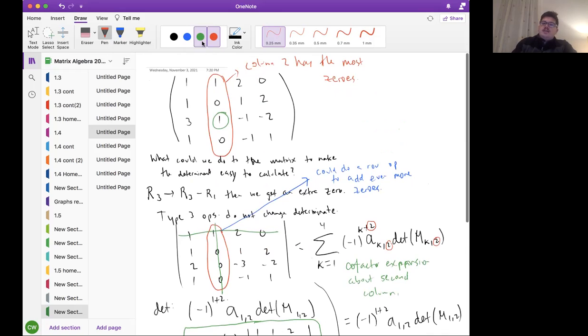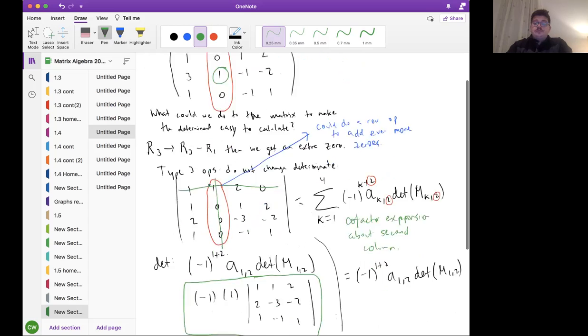But if we had this one here in the beginning and went straight to the cofactor expansion, there'd be 2 terms with 2 3x3s to work out. So the more zeros that you can include, the less work you have to do.